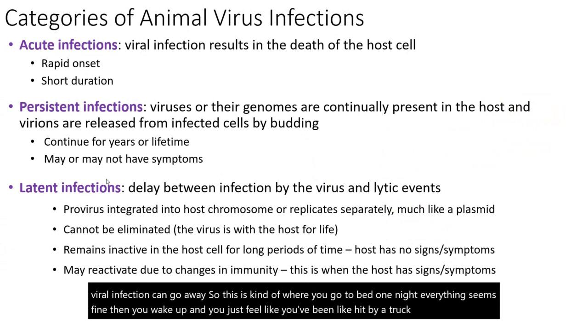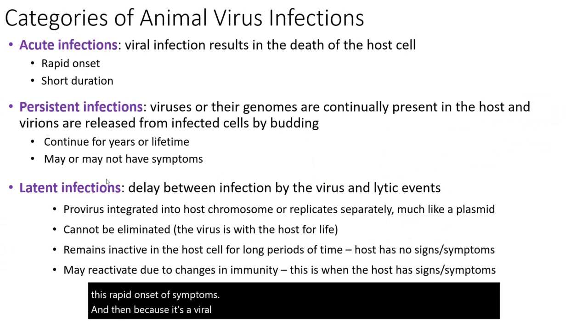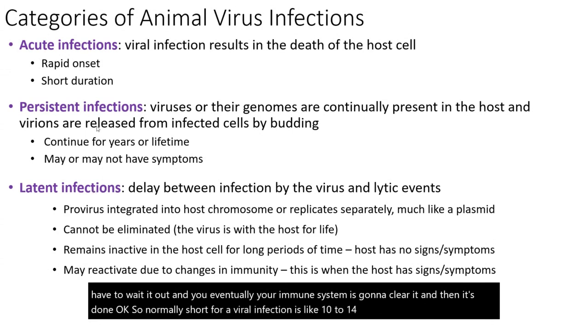So this is a rapid onset of symptoms, and because it's a viral infection, there aren't antibiotics or anything like that. You have to wait it out, and eventually your immune system is going to clear it, and then it's done. Normally short for a viral infection is about 10 to 14 days.